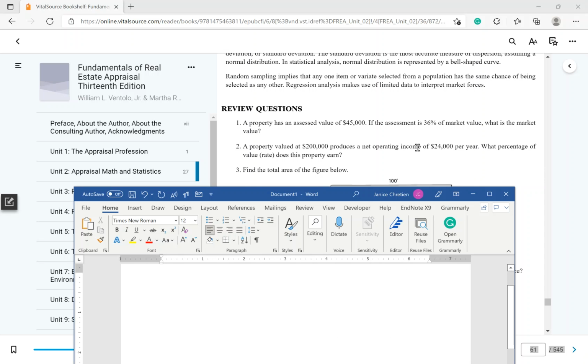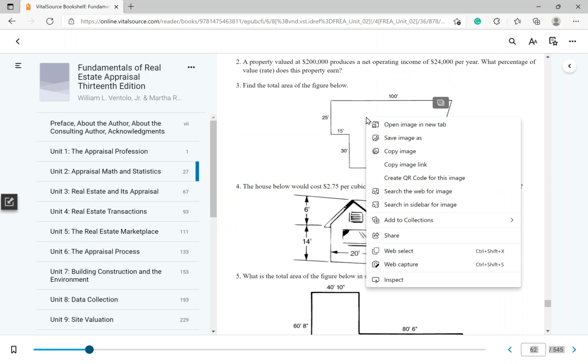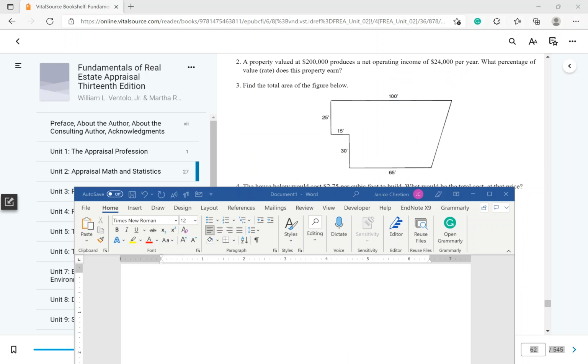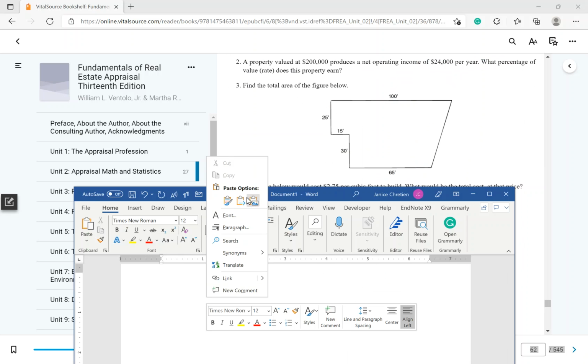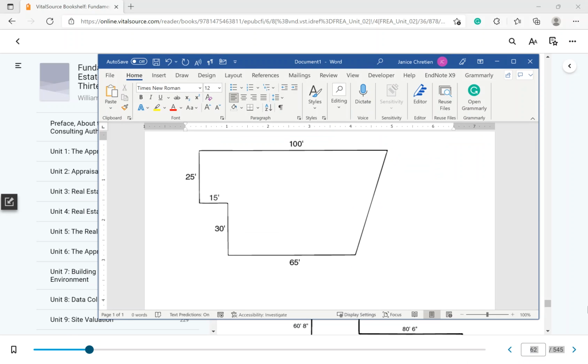Okay, so number 3 gets a little more detailed. We need to find the total area of the figure. So let me copy this image and put it in Word so that I can draw on this. What I need to do is make this into a square.